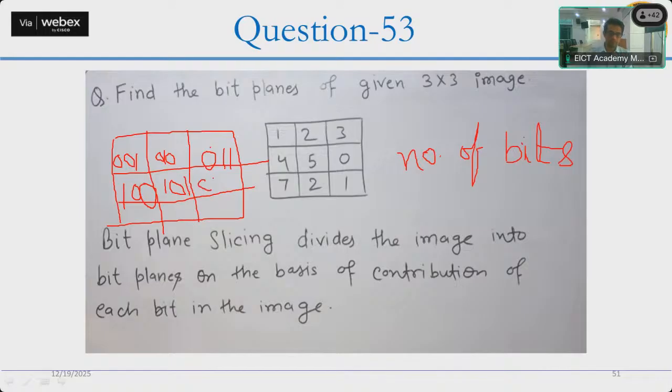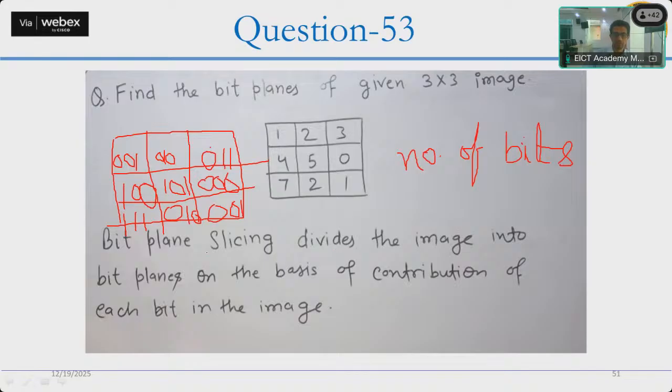Here it is 0, 0, 0. Here it is 0, 0, 1. Here it is 0, 1, 0. And here it is basically all 1, 1, 1.